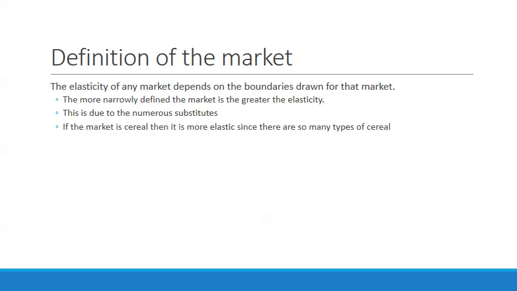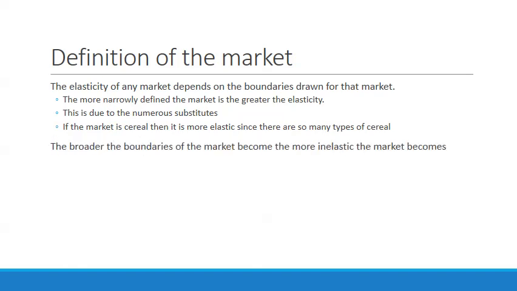You can think about it like this. If the market is cereal, then it's more elastic since there are so many types of cereal out there. Because that market name is cereal, we've narrowly defined it. Now we have more substitutes available. But the broader the boundaries of the market become, the more inelastic the market becomes.